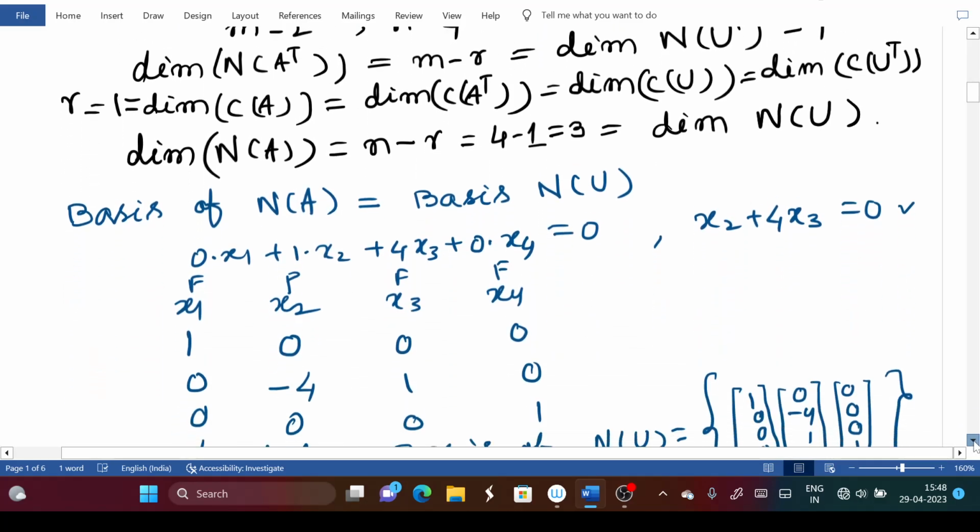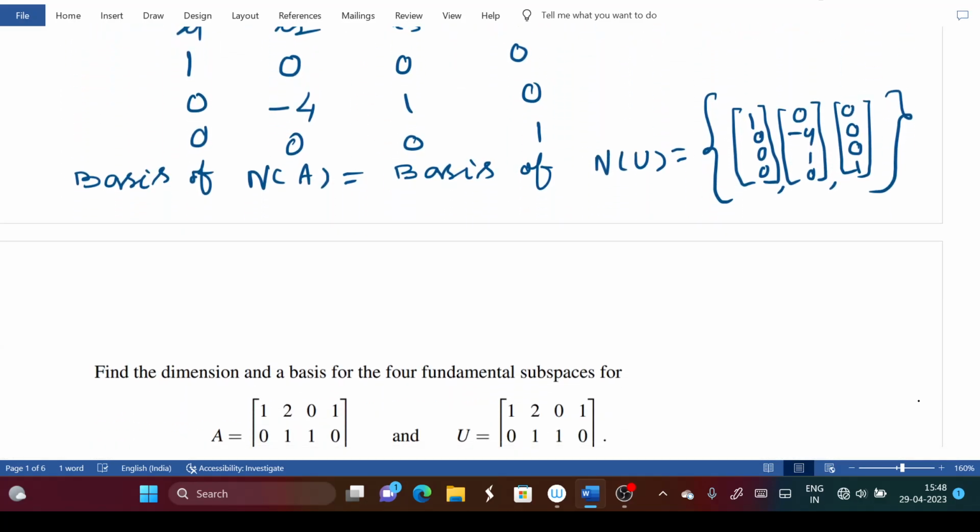Let me write down the transpose of A and the transpose of U. So what about transpose of A? It is 0 0 1 2, 4 0 8 0. It is A transpose. Similarly U transpose. So for A transpose, let me find out. What is the relation?